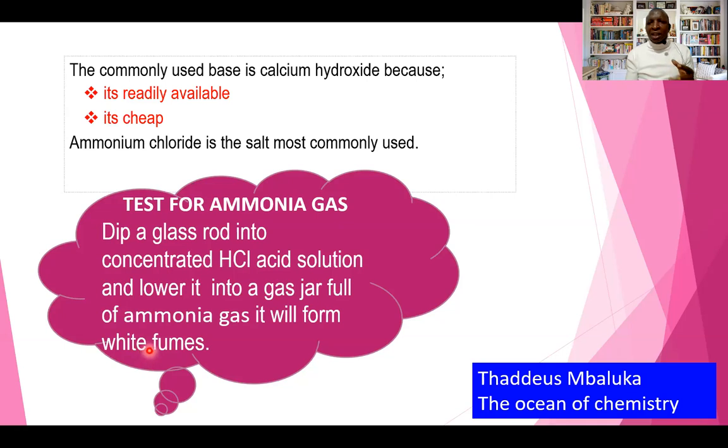So if you are asked to describe the test for ammonia, you say you dip a glass rod in concentrated hydrochloric acid, because it is highly volatile and will produce hydrogen chloride gas. Then you lower it into a gas jar full of ammonia. The reaction between ammonia and hydrogen chloride gas will form white fumes of ammonium chloride.